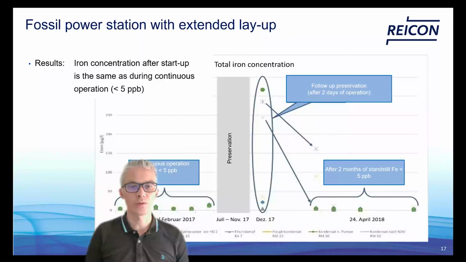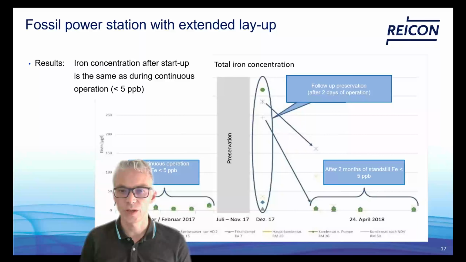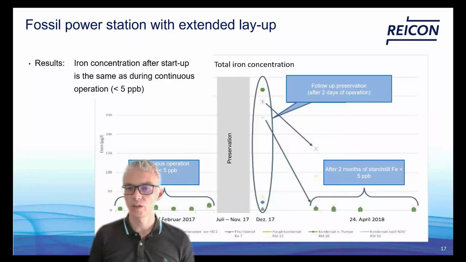Here's some measurement of the iron, which were done before or during the normal operation. The values are very low, below 5 ppb. And after the preservation phase, we had some higher values during the first recommissioning of the plant.